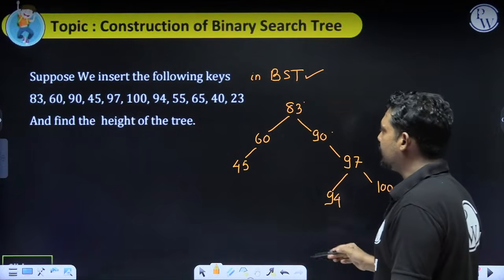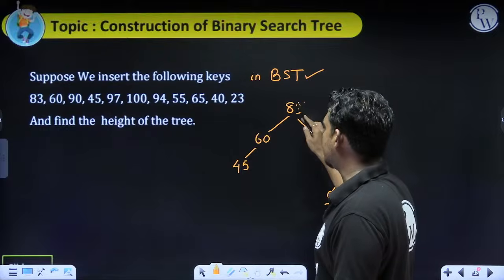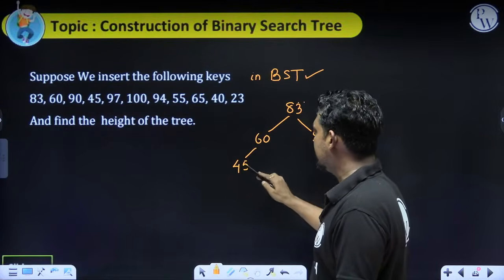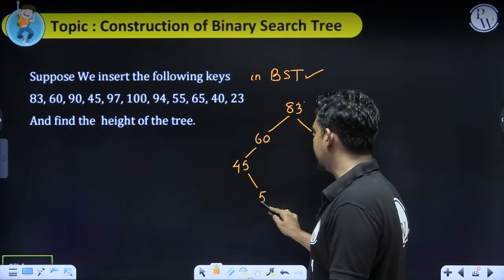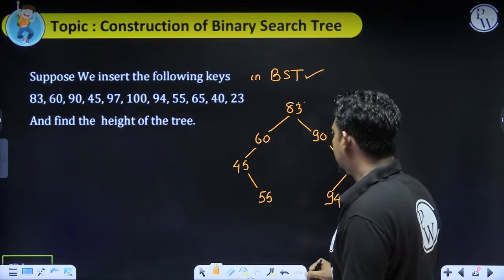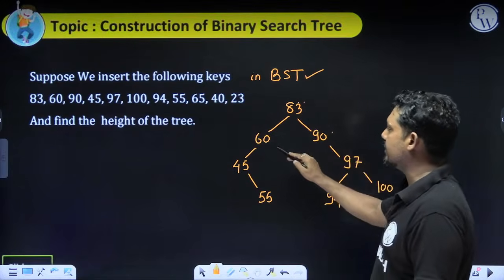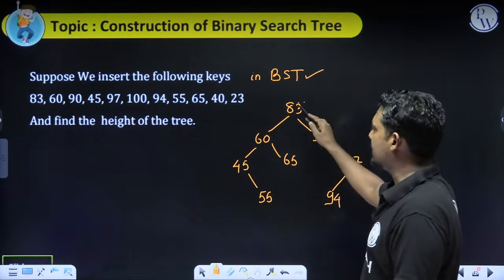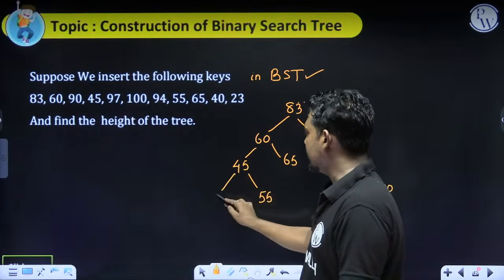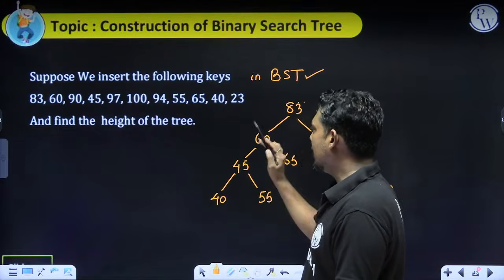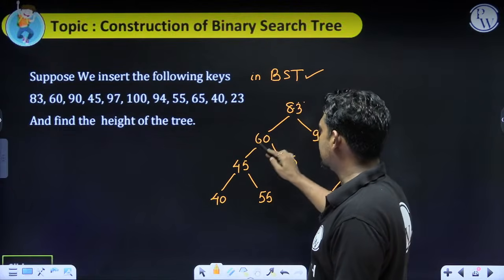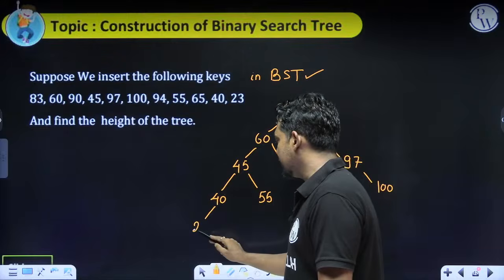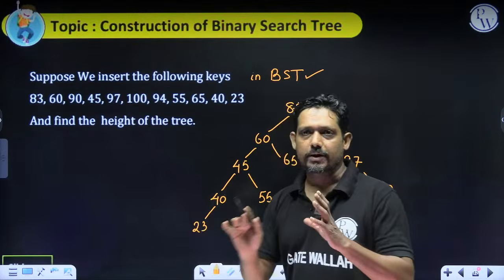Then comes 55, so here it is lesser, here it is lesser, here it is greater, so this is 55 for you. Then comes 65, so here lesser, here greater, so 65. Next is 40, so lesser, lesser, lesser, and then 23, so lesser, lesser, lesser, lesser, and 23. Okay, now this is 23.